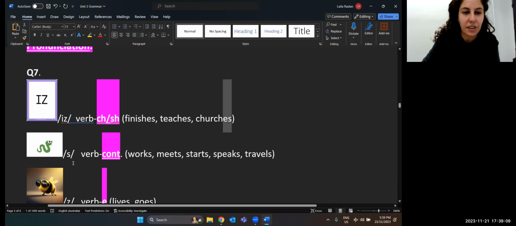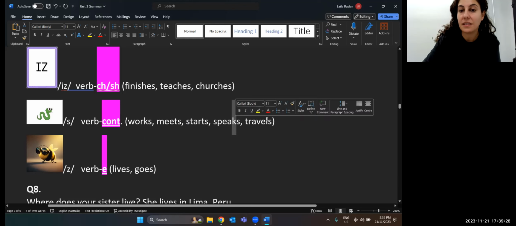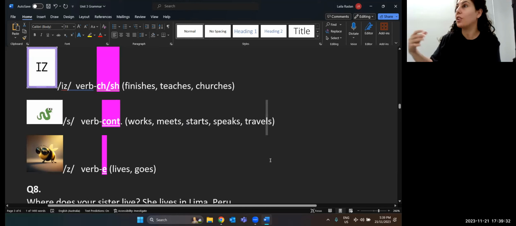If the action word ends in a consonant, so remember, not a vowel, A, E, I, O, U, but the other letters. So for example, work ends with a K, meet ends with a T, start ends with a T, speak ends with a K, and travel ends with an L. These letters are called consonants.